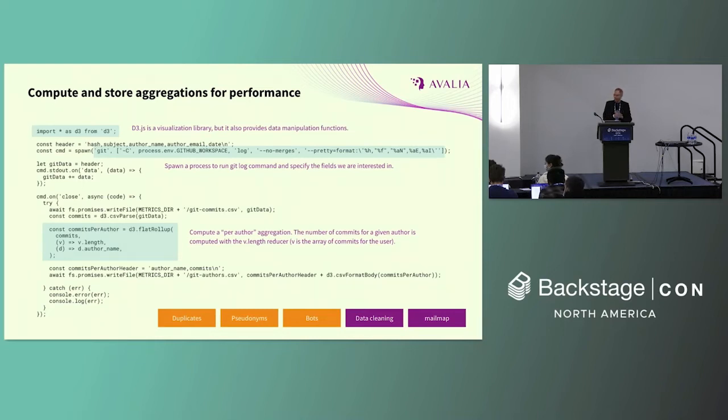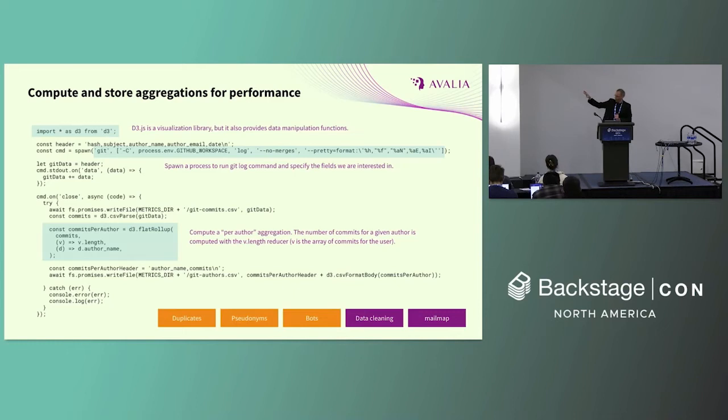So this is very interesting because you have all the information, but you can imagine that if you have to send this data set to the client side for rendering, it's going to pose some performance issues. So the purpose of this code is to work on the git log output and to compute some aggregation. So in this case, one of the aggregations, I want to know the number of commits per author.